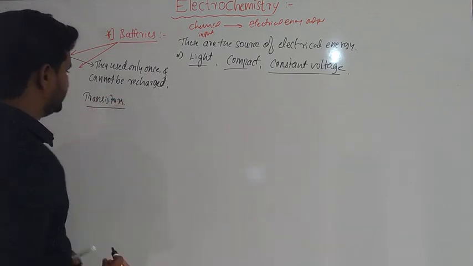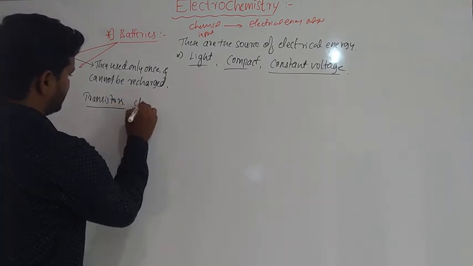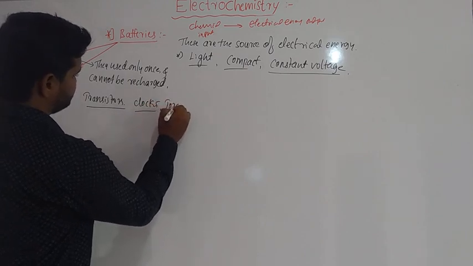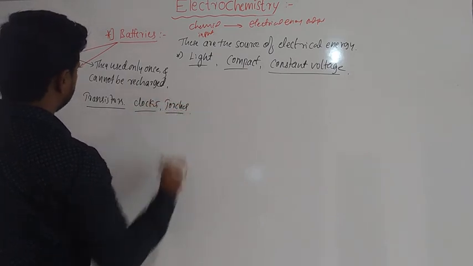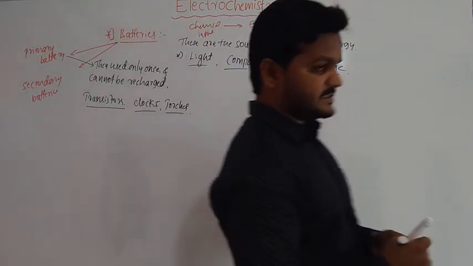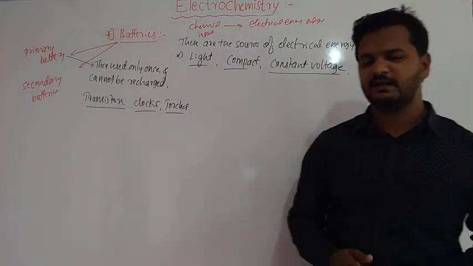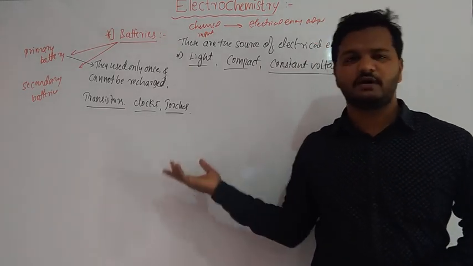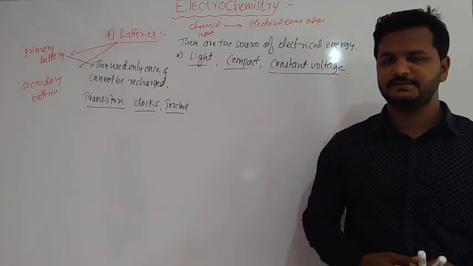Primary batteries are used in transistors, clocks, wall clocks, and torches. Examples are the dry cell, or Leclanche cell.